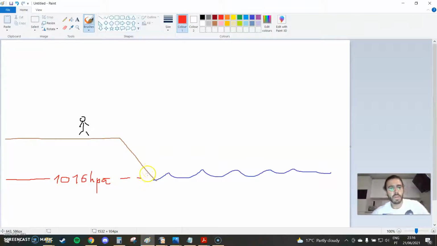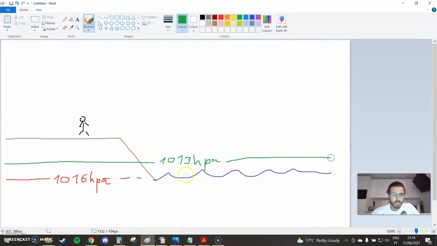So the 1013 isobar has to be upwards, right? Because the higher the altitude, the lesser the pressure, right? So I know that the 1013 hectopascal isobar is a little bit above mean sea level, okay?